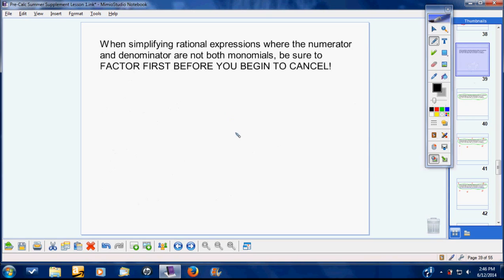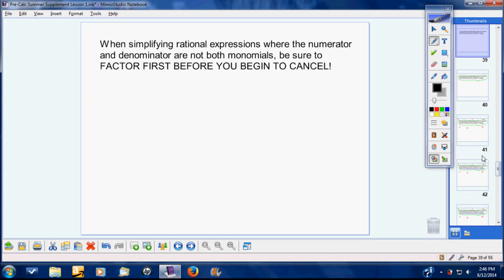When simplifying rational expressions where the numerator and denominator are not both monomials, be sure to factor first before you begin to cancel. Do not cancel when you still have the numerator or denominator not factored as much as possible. Now, one can be a factor, but make sure that you are thinking of them in terms of factors, not terms.